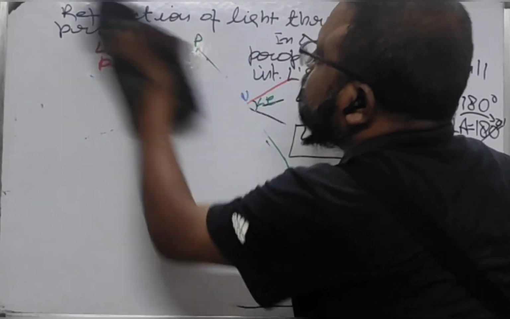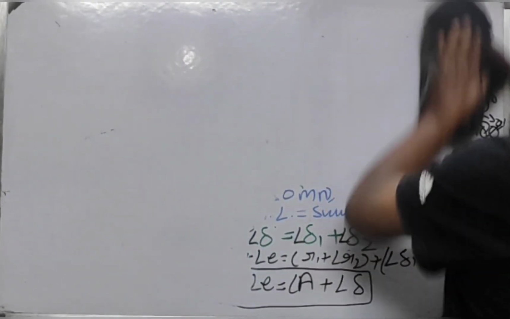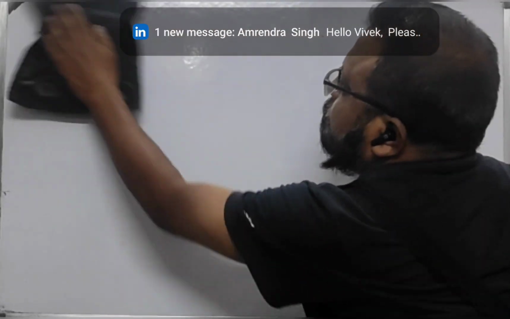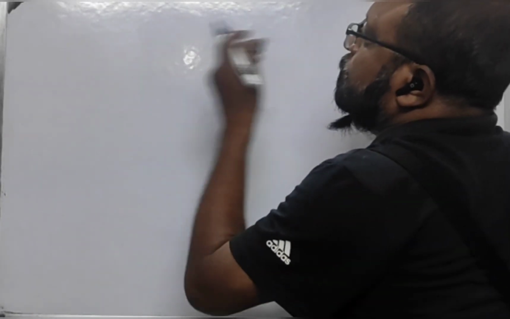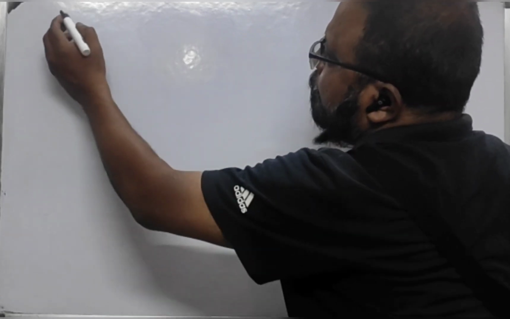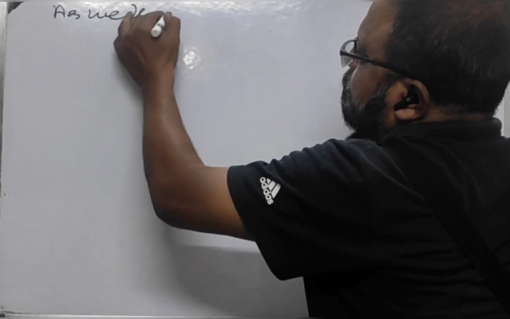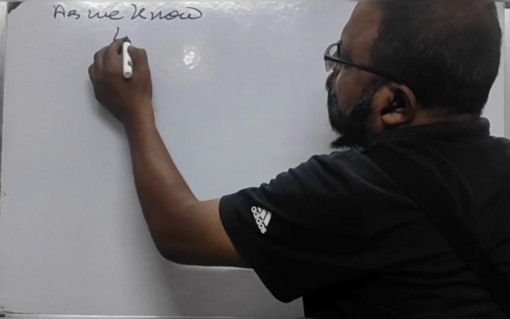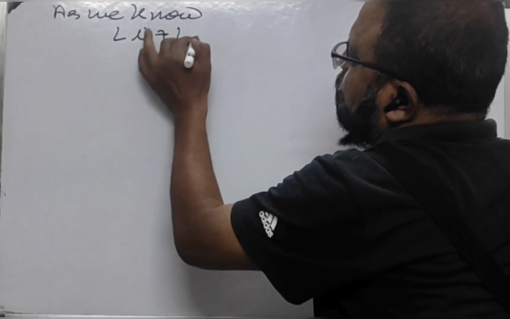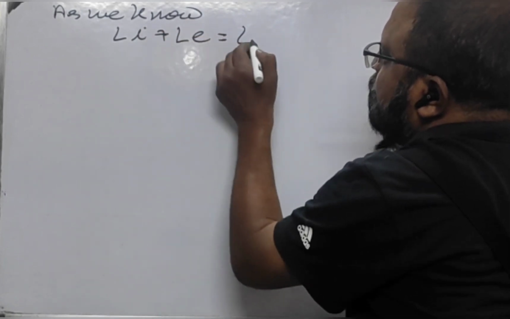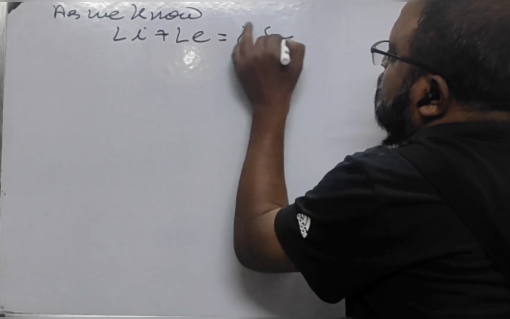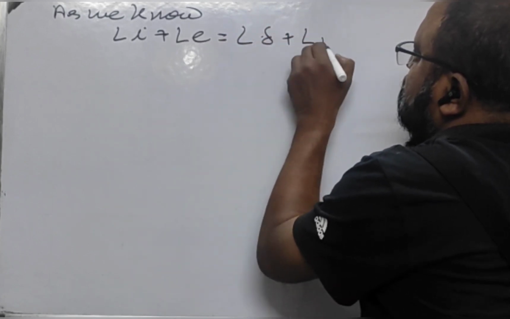Okay. So now, as we know, angle of incidence plus angle of emergence is equal to angle of deviation plus angle of prism, right?